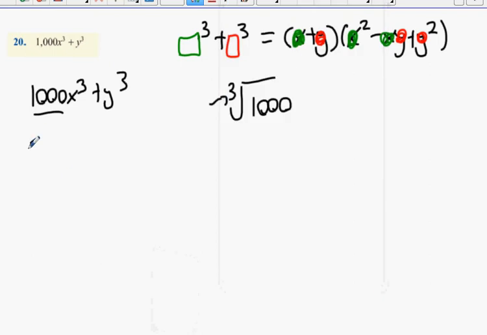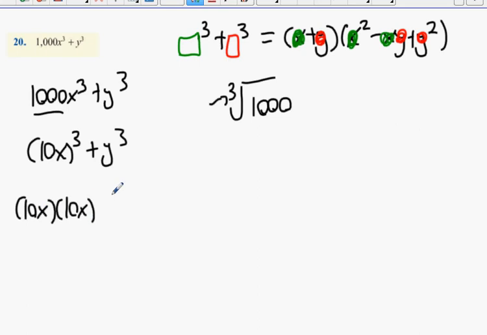Okay, so this changes into 10x to be cubed. For those of you that are struggling with this, it basically means 10x multiplied by another 10x multiplied by another 10x. The 10 by the 10 by the 10 is going to give you your 1,000. Your x by x by x is x cubed.